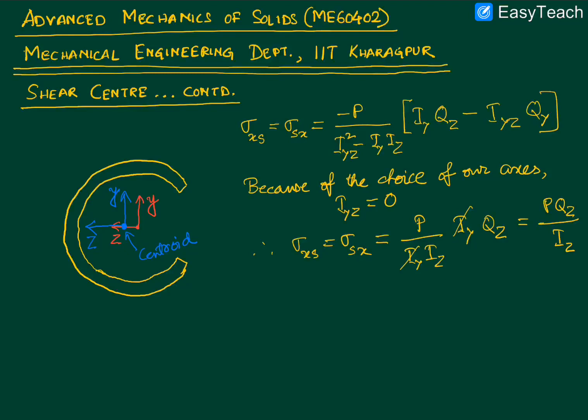Now please note, even though I had been referring to this QZ as the first moment of area, we have to understand that this is actually like the first moment of area. So IZ is like a global property for this entire cross section. So IZ is calculated for the entire cross section, is the second moment of area of the entire cross section.